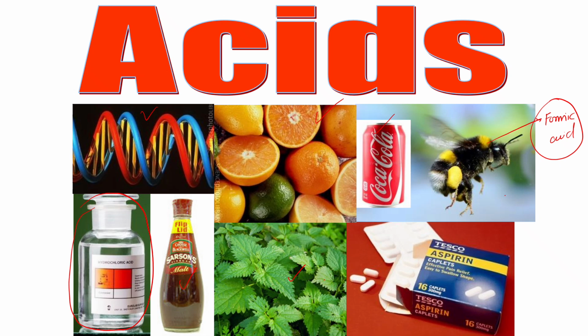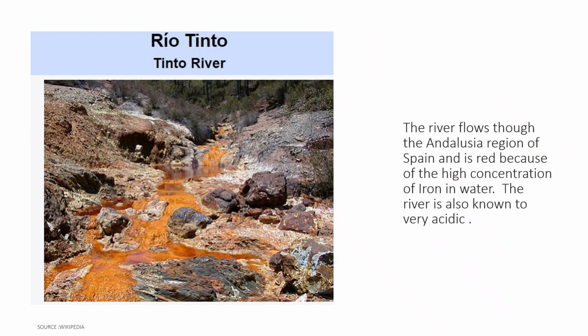And lastly, even some medicinal drugs such as aspirin are acids. The technical name of aspirin is acetyl salicylic acid. So we see that acids are all around us and some of them are really, really important.